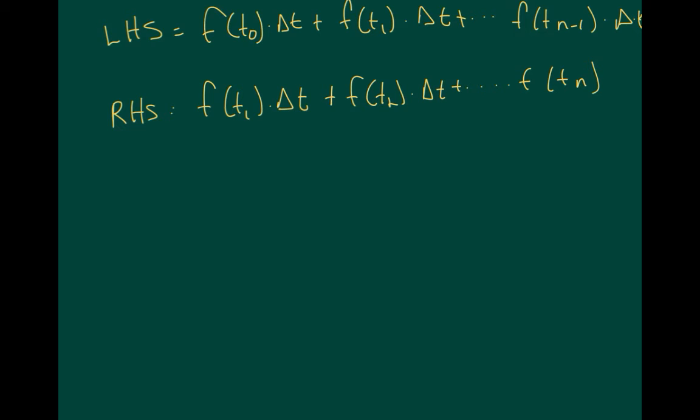Now, if I look at the right-hand sum, you can see that it's really similar, except that this time my first term is f of t sub 1, which was the second term for the left-hand sum. And that's going to be the case all the way through: the left-hand sum has f of t sub naught in it, and the right-hand sum has f of t sub n. So the two sums are very similar, but off by a little bit.